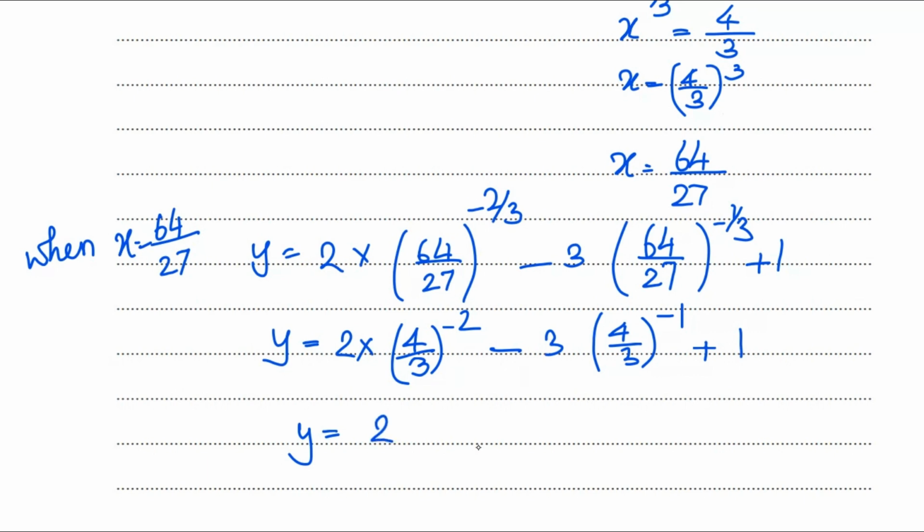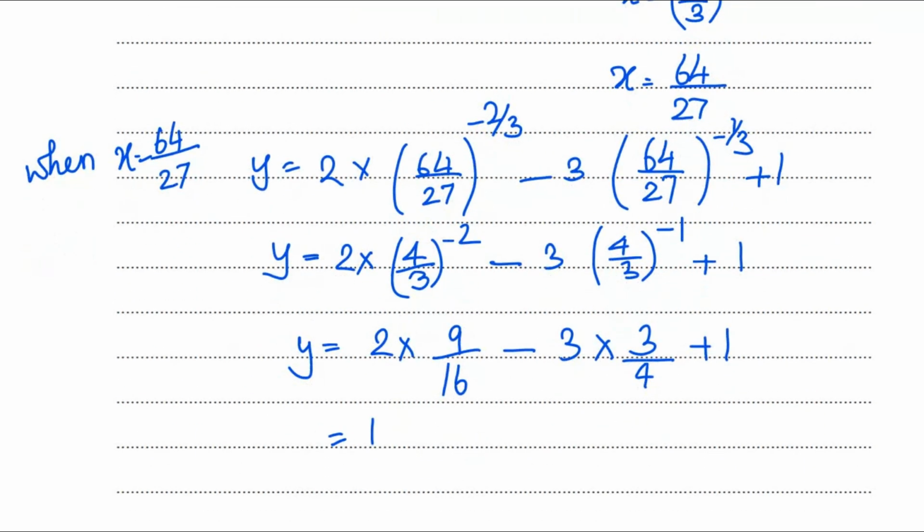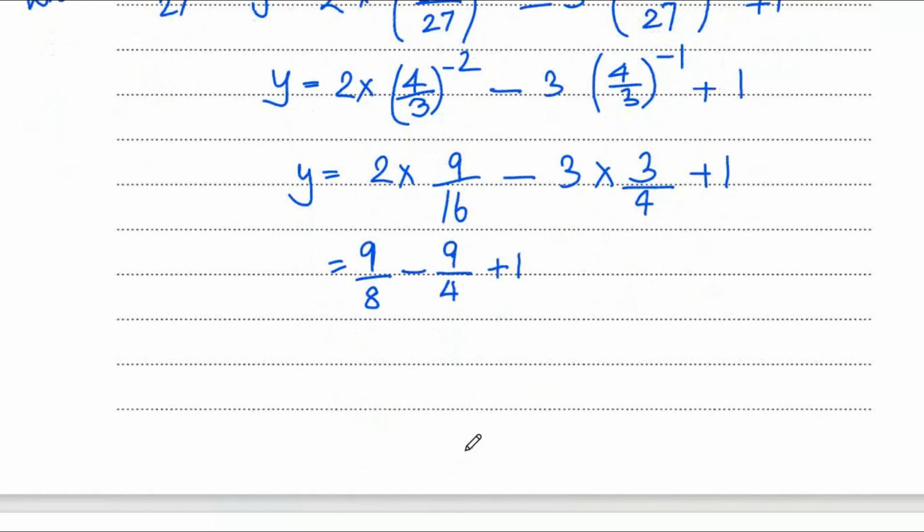So y is equal to 2 times 9 over 16 minus 3 times 3 over 4 plus 1. 18 over 16, or we can write 9 over 8, minus 9 over 4 plus 1. 9 minus 18 plus 8 divided by 8, which is equal to negative 1 over 8.